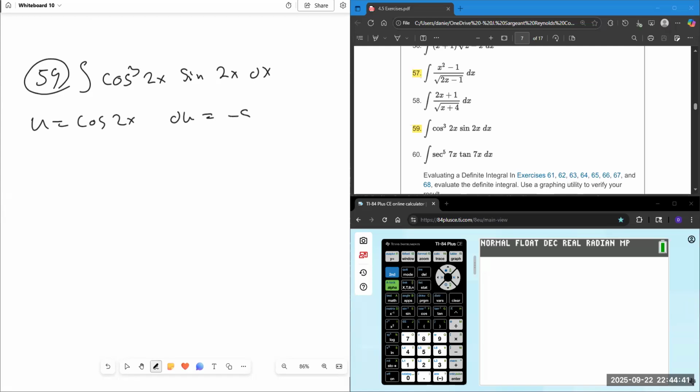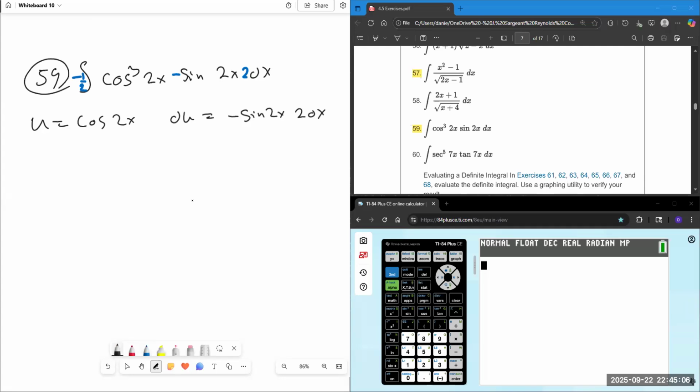Du is a negative sine 2x times 2 dx. So we need a negative and a negative, and we need a 2 and a 1/2 to balance it out.